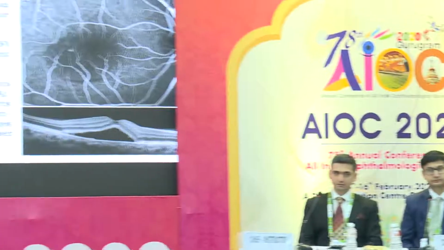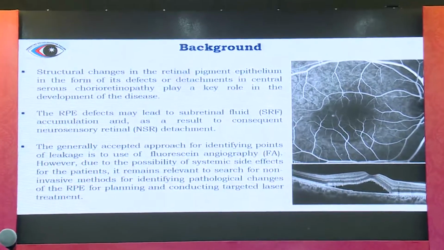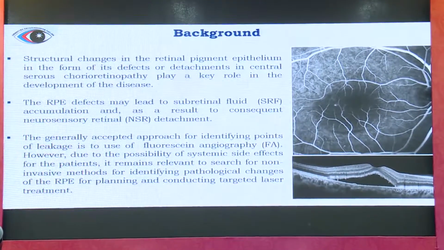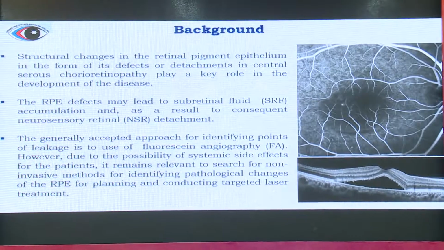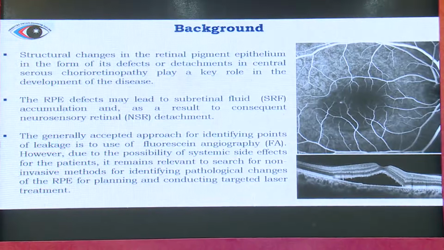So structural changes in the retinal pigment epithelium in the form of its defects or detachments in central serous chorioretinopathy play a key role in the development of the disease. The RPE defects may lead to subretinal fluid accumulation and, as a result, to consequent neurosensory retinal detachment.